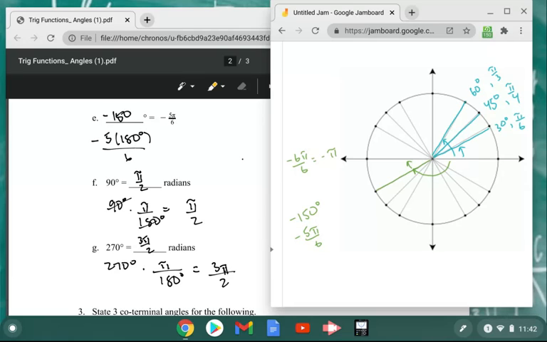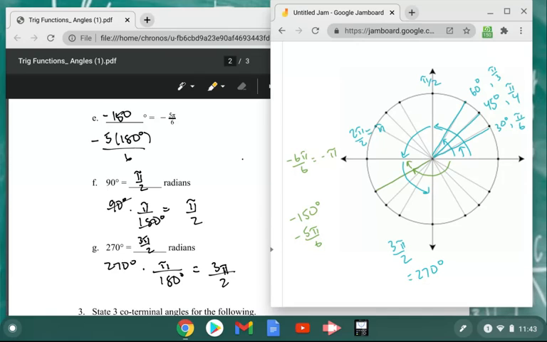So if I travel 1 pi halves, I land here. So this is pi halves. If I travel here, I'm at 2 pi halves, which is also equal to pi. If I travel here, I've gone 3 of those pi halves. So 3 pi halves or 270 degrees.